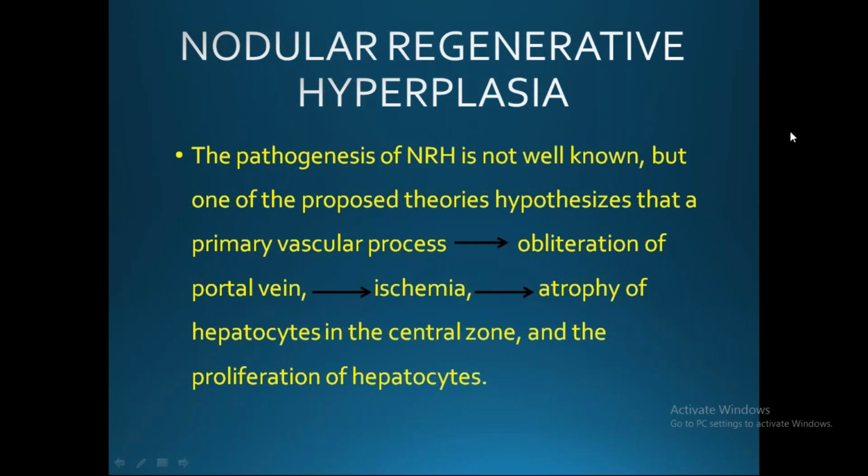The portal vein supplies about 70% of the liver's blood supply. So this leads to obliteration of the portal vein, which leads to ischemia. And whenever there is ischemia, there will be atrophy. So there will be hepatocyte atrophy in the central zone. That is a brief pathophysiology of nodular regenerative hyperplasia.